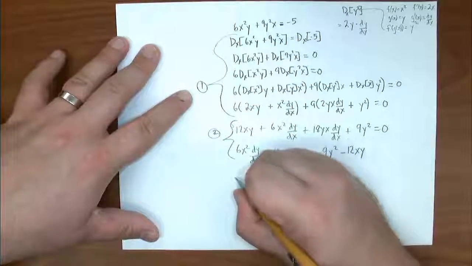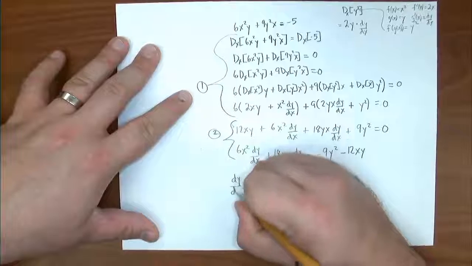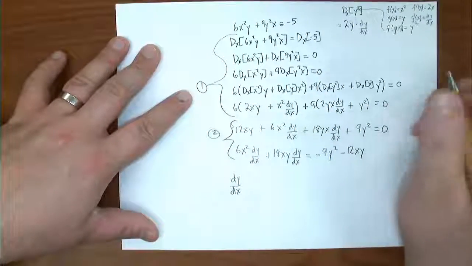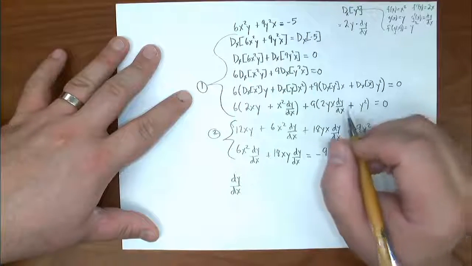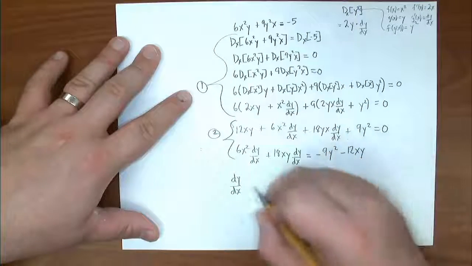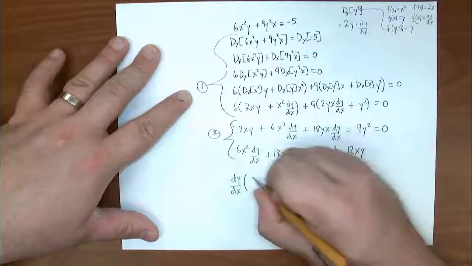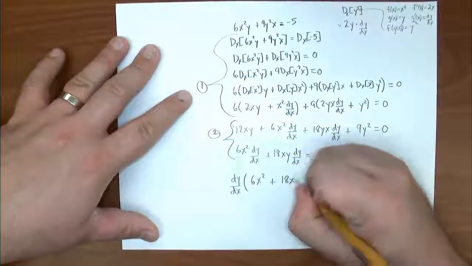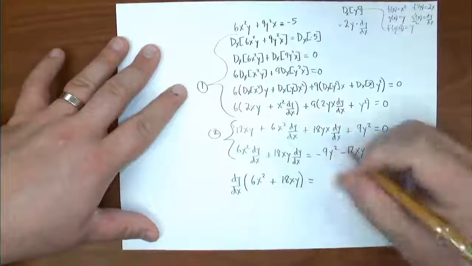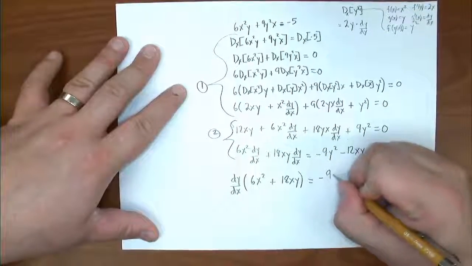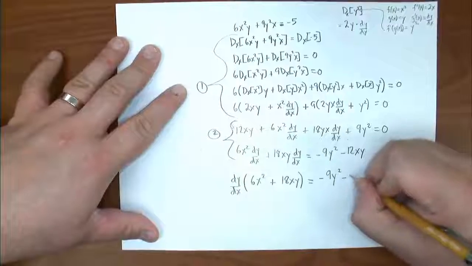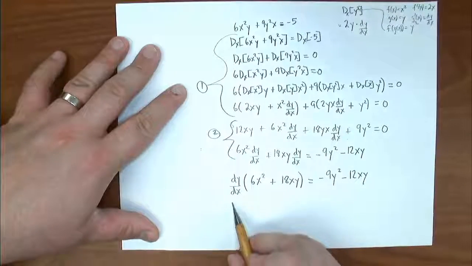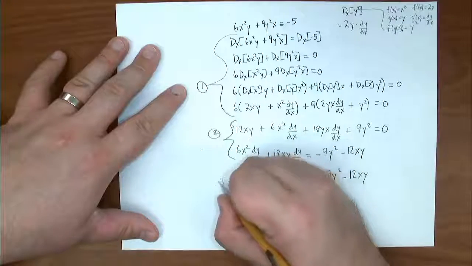Now, step three is to factor out the dy dx's. So let's factor out that left-hand side. I'm only really concerned about the dy dx's. I might be able to simplify later on, but for now, I want to factor out only dy dx. That leaves me with 6x squared plus 18xy equals, the right-hand side is unchanged for the time being. And now to solve for dy dx, so that's step three done.